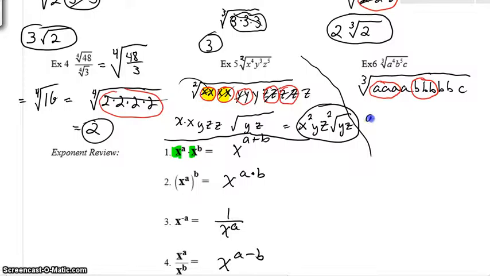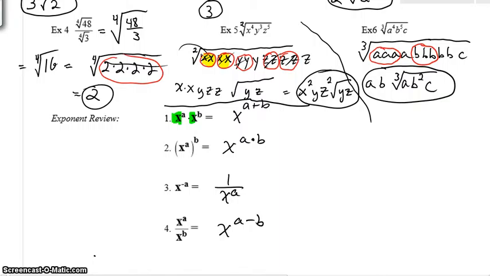So I can pull out an a, pull out a b. Don't forget, this is a third root. It's always going to be a cube root here. You need to write that 3 in. What's not circled? Well, we've got an a, and a b multiplied to b squared, and then we have a c. And that's going to be our final answer here.